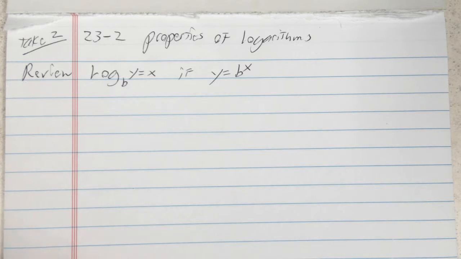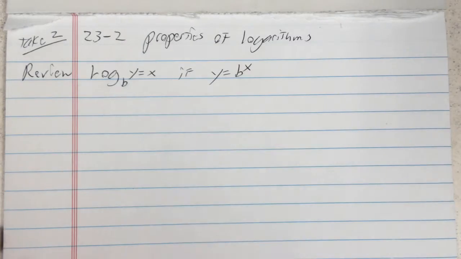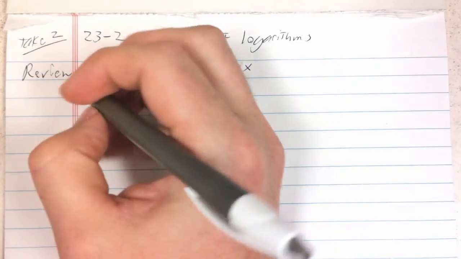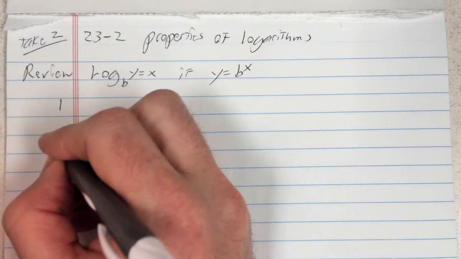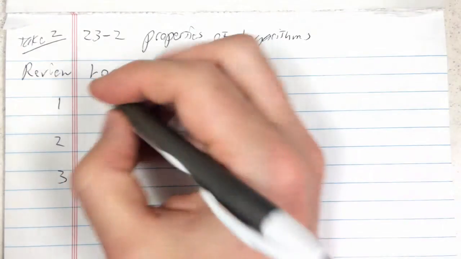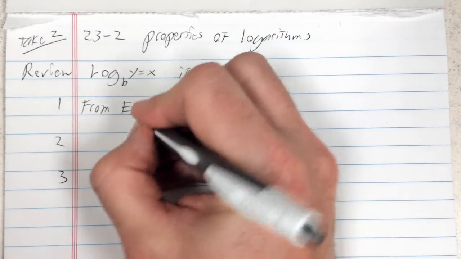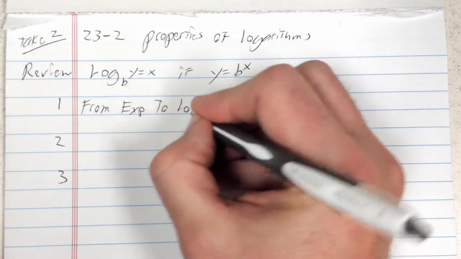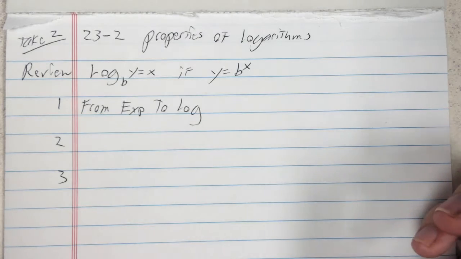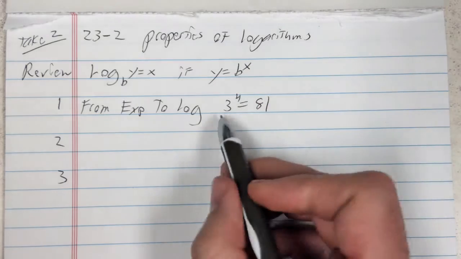All right. So what we're going to do is our three things: 1, 2, 3. The first thing is we're going to go from exponent to log. That is like 3 to the power 4 is equal to 81.